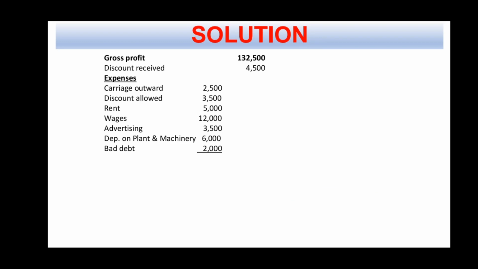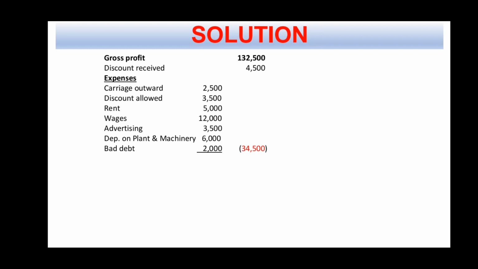What is the total of the expenses? If we add everything together, 2,500, 3,500, 5,000, 12,000, 3,500, 6,000, and 2,000 for the bad debt, that is going to give us 34,500, which means we are going to subtract that value from the gross profit and discount received.